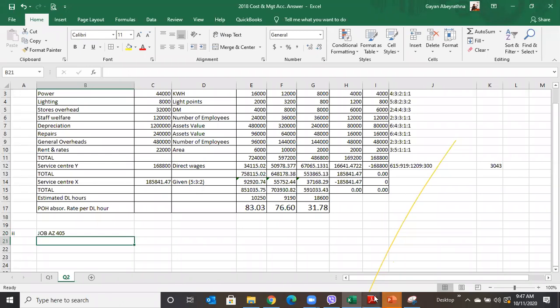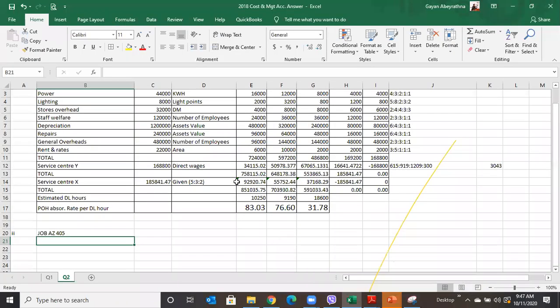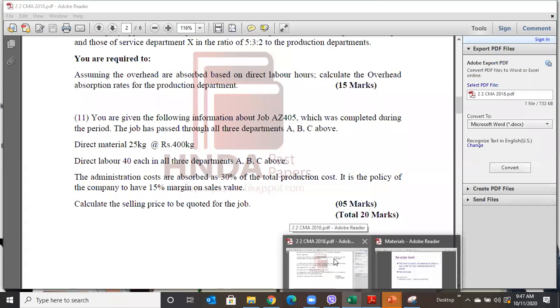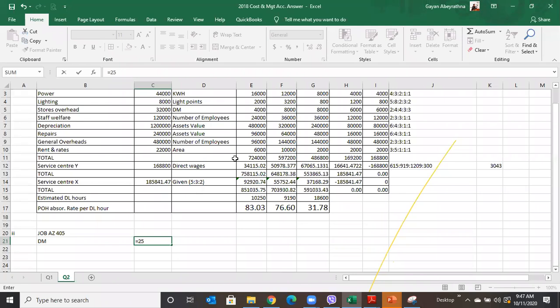It is saying direct material cost. Direct material, 25 kilograms, per kilogram 400, then 25 into 400.